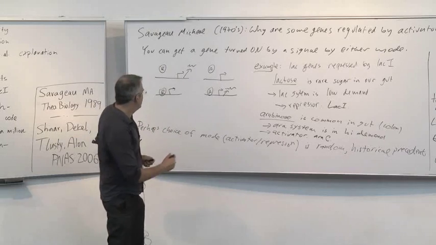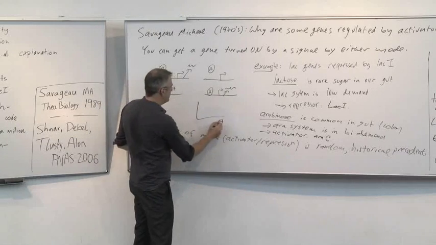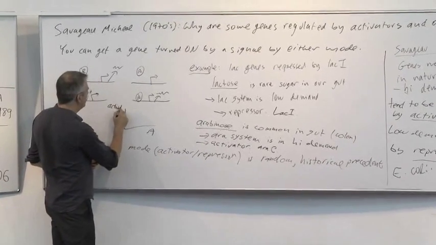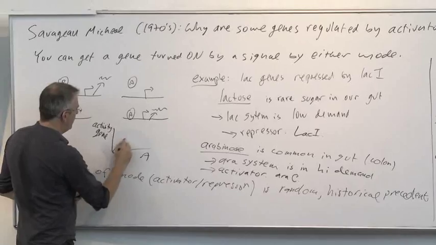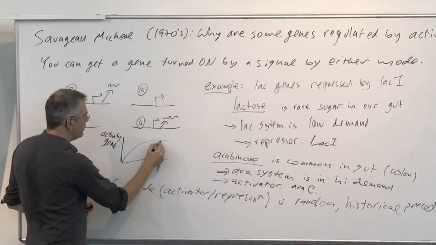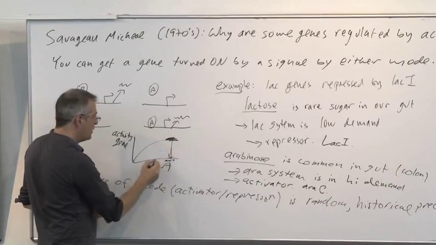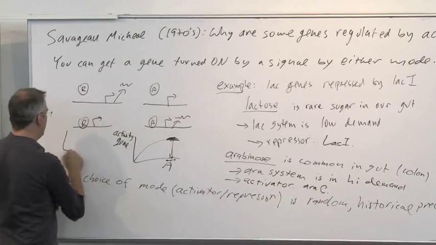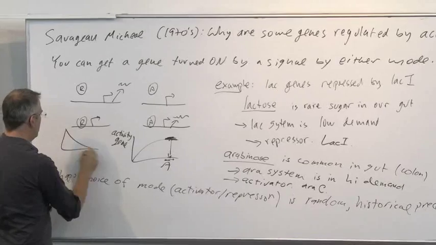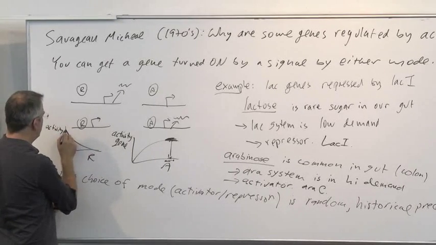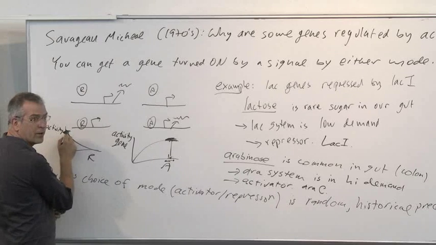So you're saying that, in activator concentration versus activity of the gene, you want to be up here so that variations in the activator have small effect, whereas for the repressor you want to be in this area.